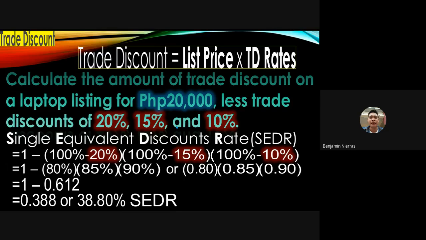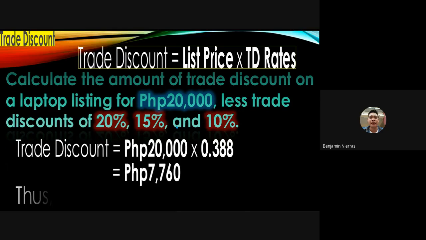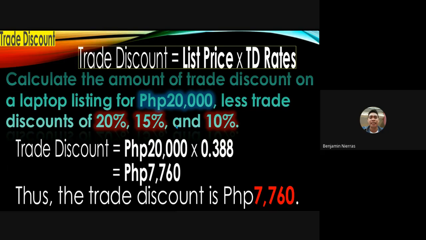Instead, doon sa isa, diretsong 40% discount agad. Mas malaki yung isa. So, the seller usually use this trade discount series just to lure, no? To attract customers. Yun lang siya. So, be careful or be aware to this calculation. So, magdala kayo ng calculator para hindi kayo maloko.